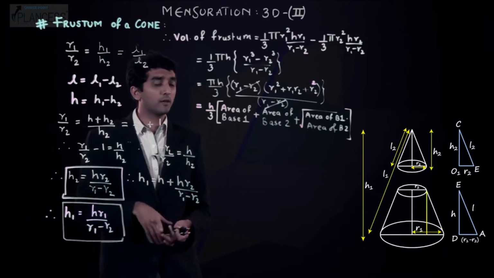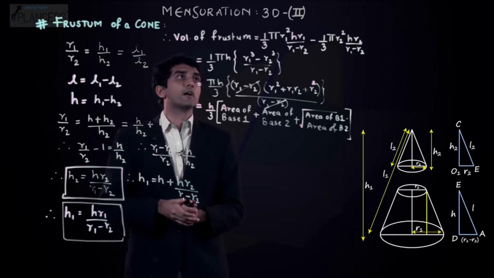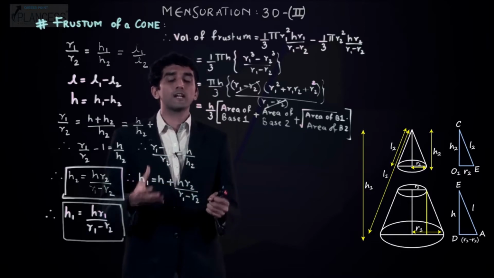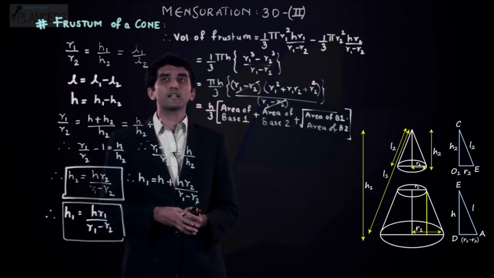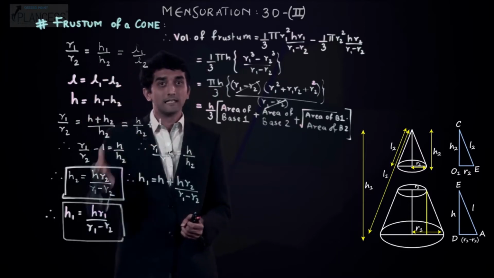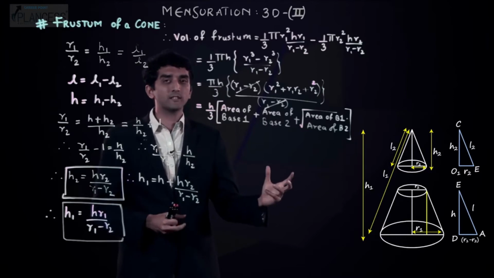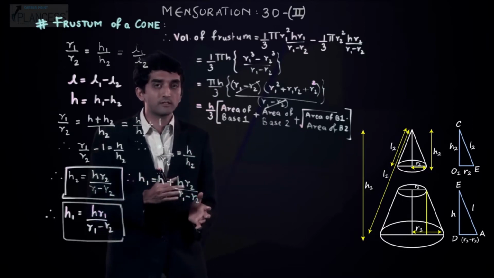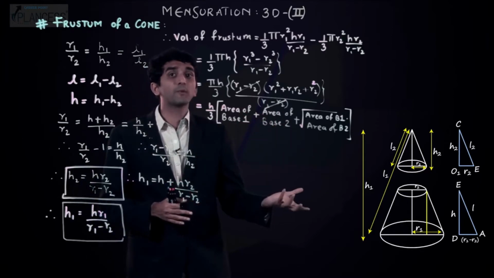Definitely might be a bit lengthy, definitely might be a bit confusing here and there, but if you look at it as a whole, a lot of things to understand from this particular derivation. Starting from the similarity of the triangles involved, we found out this. Then understanding what are the things that won't be given to us in the frustum, because H1 and H2 are not a direct part of the frustum, they are a part of the cones that were utilized in forming the frustum.